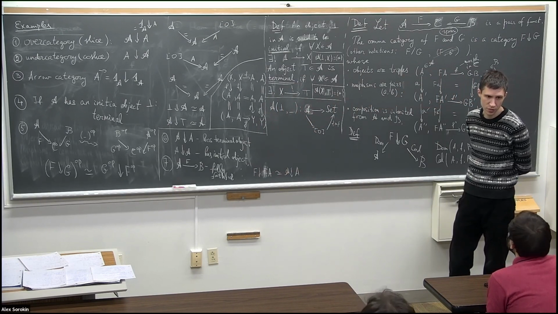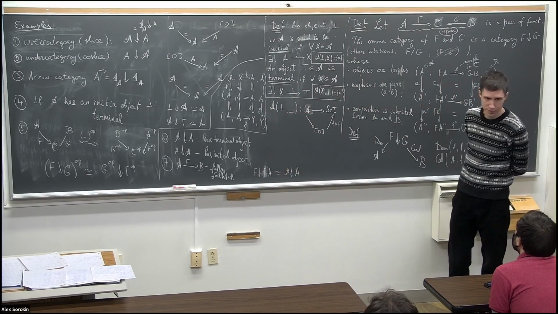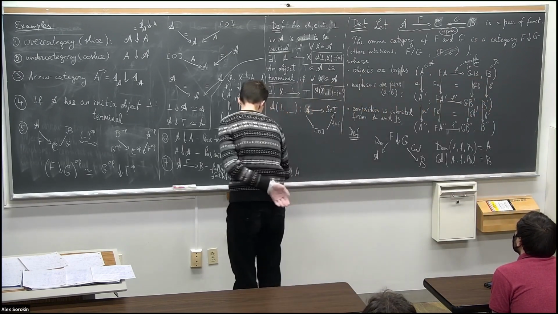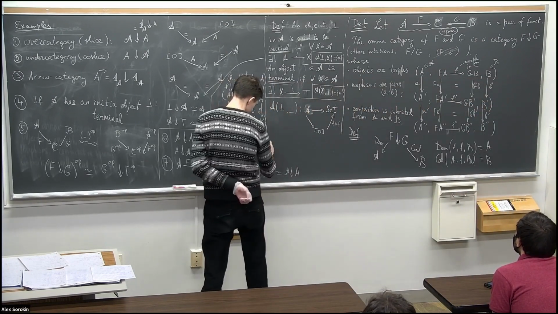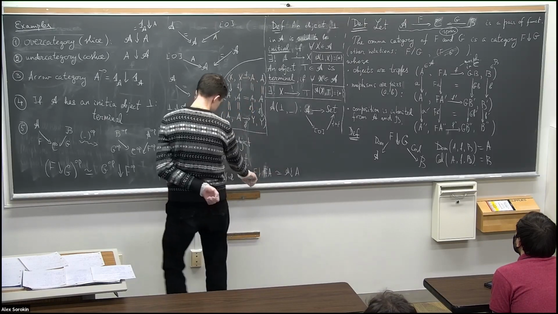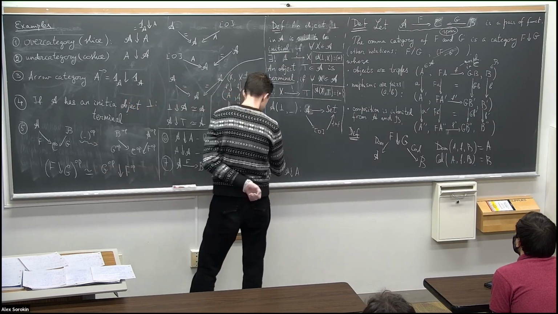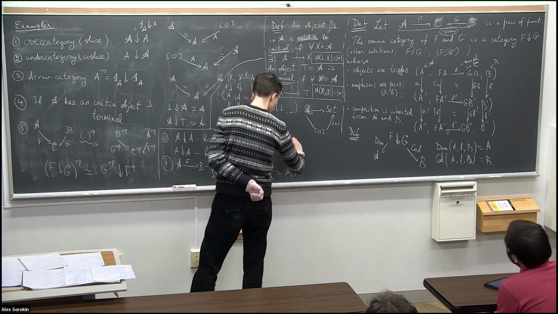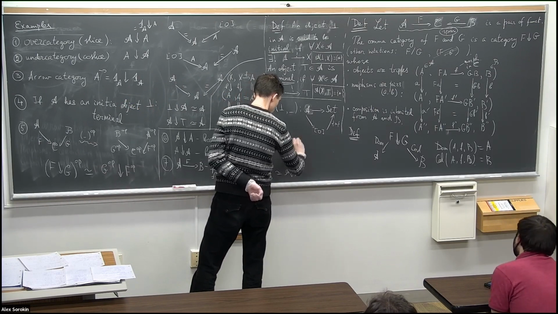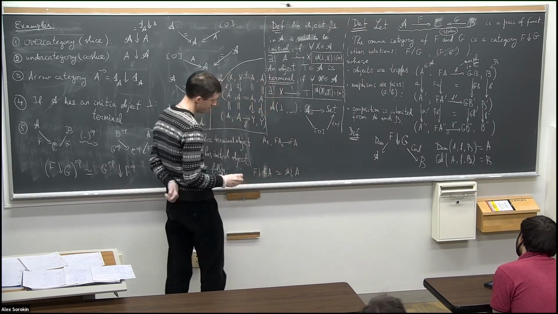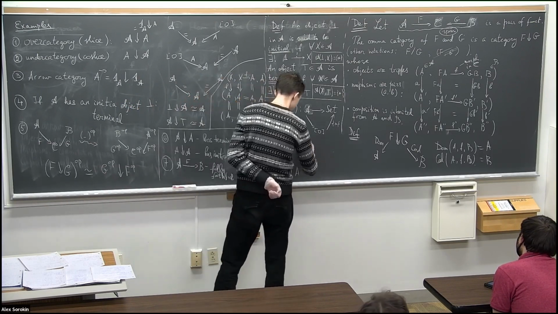So all diagrams are embedded. Let's take A1, F of A, F of A1 to F A, and then A. A is fixed.